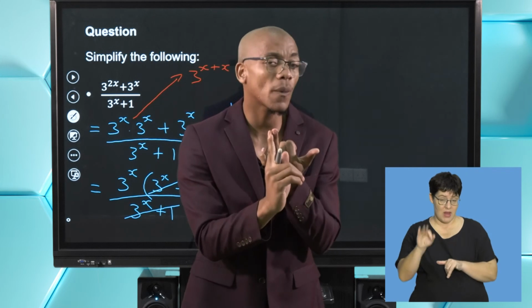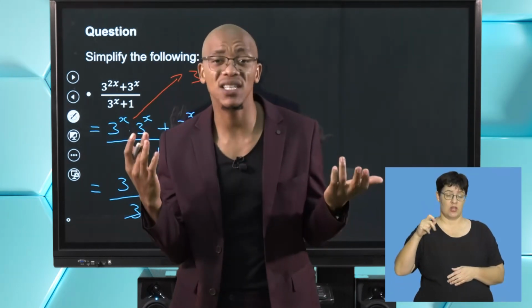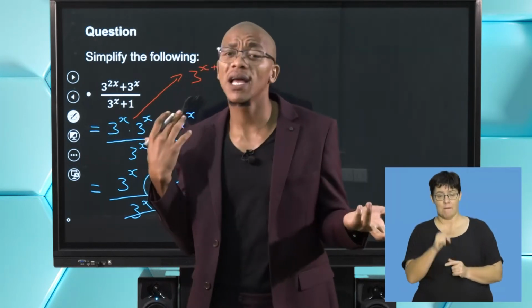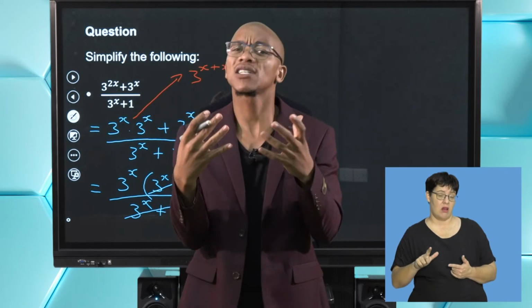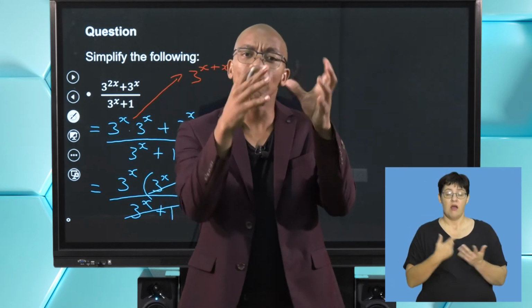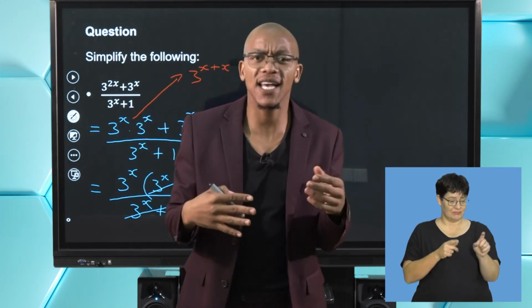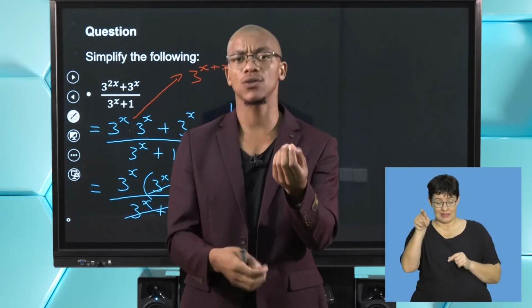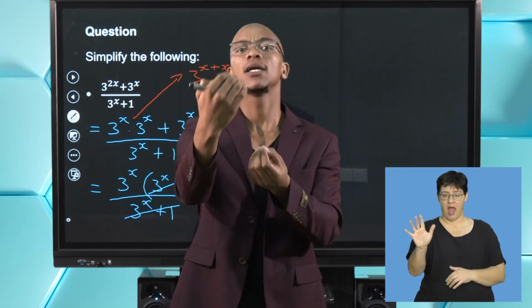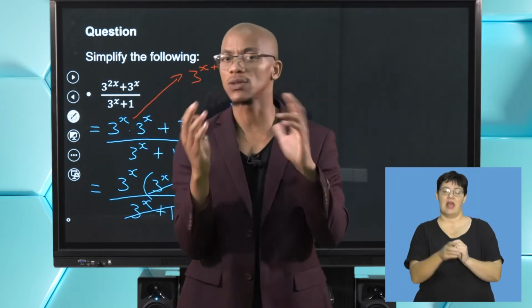Either taking out a common factor or using the factorization of a quadratic equation, but in the form of an exponential form. And if that is a bit difficult for you, just try to simplify it and let the common thing be a letter K or a letter V, a letter S. It doesn't really matter what letter you are using, as long as at the end you substitute it back into what it was originally before you introduced something new.